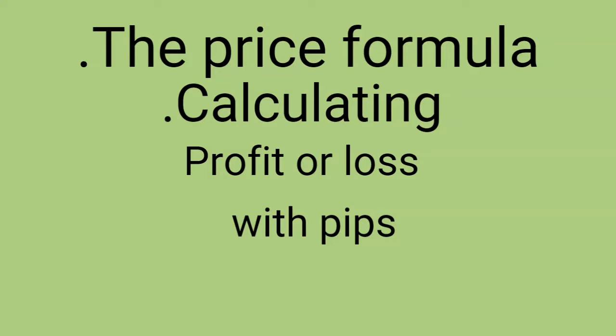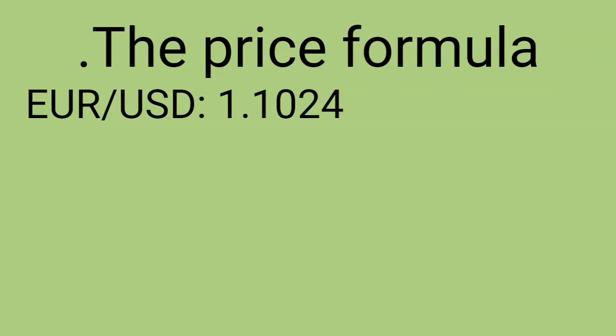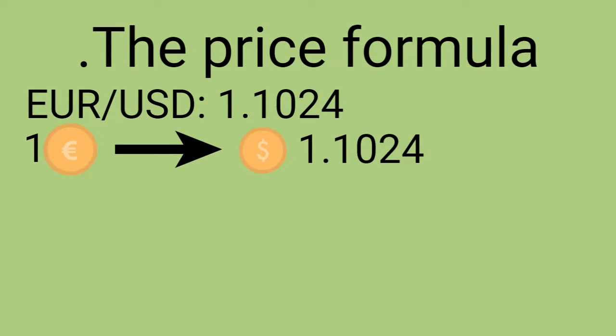We're going to take two examples for the price formula. The first is going to be the EUR/USD, and most of the quotes are going to look like the EUR/USD. This formula means that for each 1 euro, we can get $1.1024.